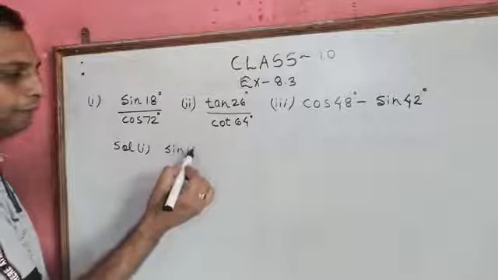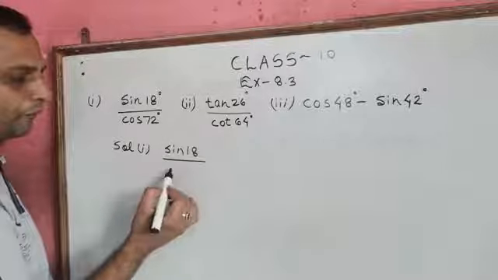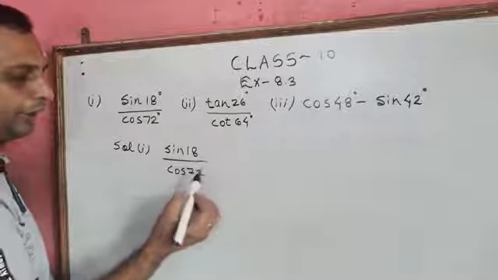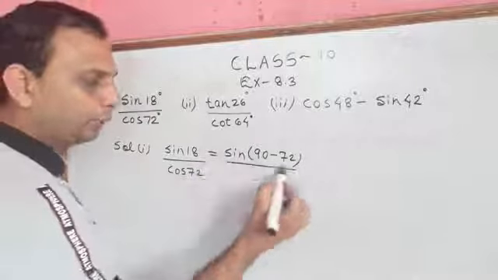Sin 18 degrees upon cos 72 degrees. So it is equal to sin(90 minus 72), because 90 minus 72 equals 18, upon cos 72.